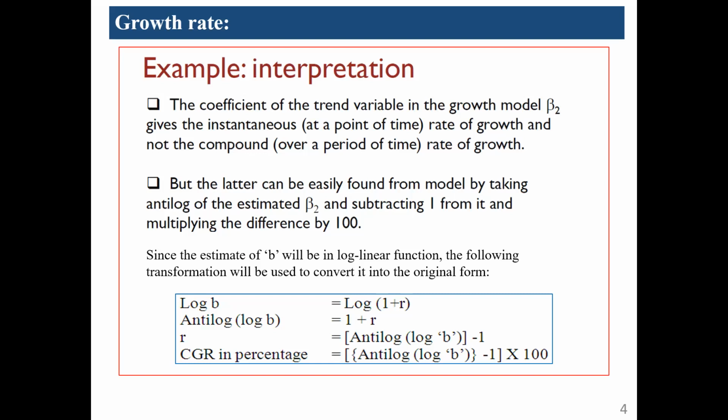Now, in the case of the compound growth rate, we should introduce the concept of compounding. We know what compounding is, right? We have known it right from UG onwards. I would have taught you in the 6th semester course as well as the 3rd semester course, like agriculture marketing and prices, even in production economics, when analyzing the techno-economic feasibility of a project.